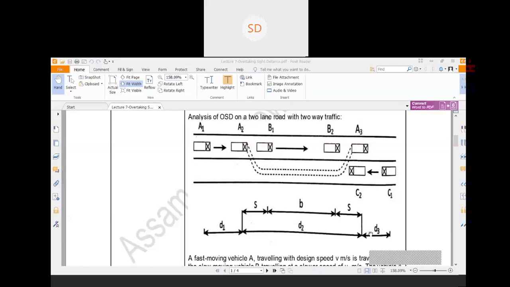After that you will find d3 by simply multiplying the speed of the C vehicle, or the design speed, into the T seconds which you have got. So that is actually the overtaking distance.